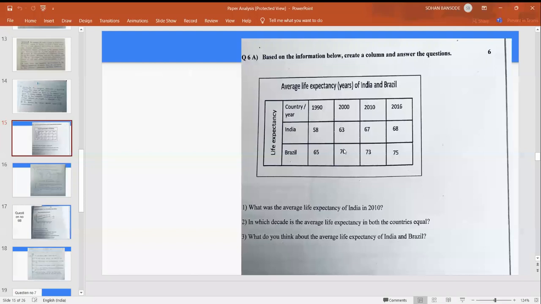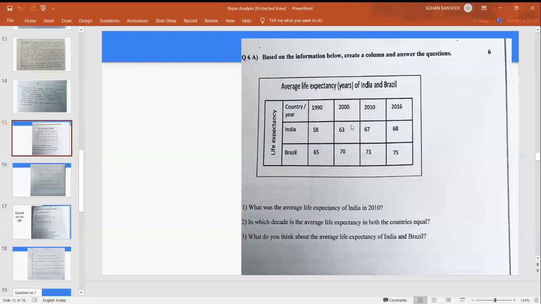In a column format you have to make a table, and then below the questions are given, so only 3 questions will be asked, whatever it may be. Whether above you have a bar graph or a pie chart or anything, below only 3 questions are asked, and you have to attempt all the 3 questions. Each question carries 1 mark.